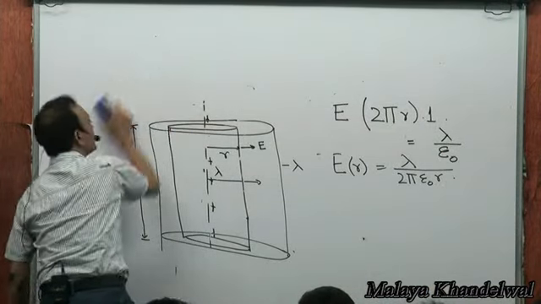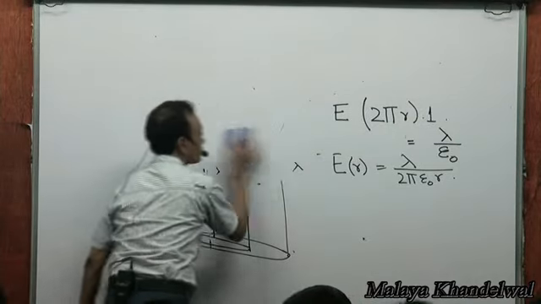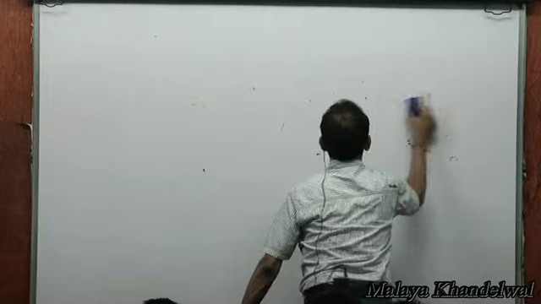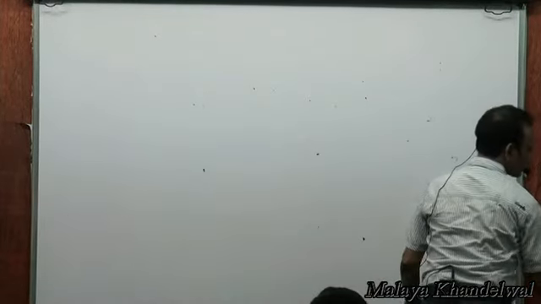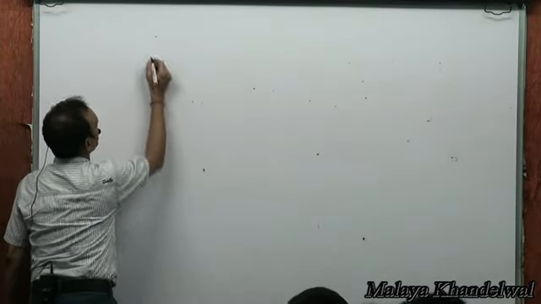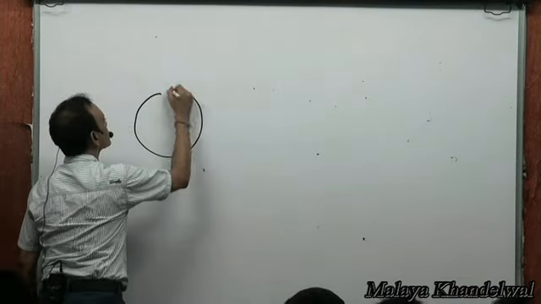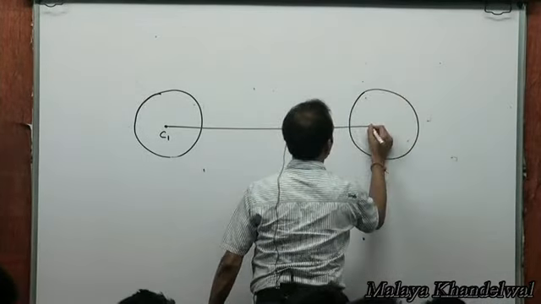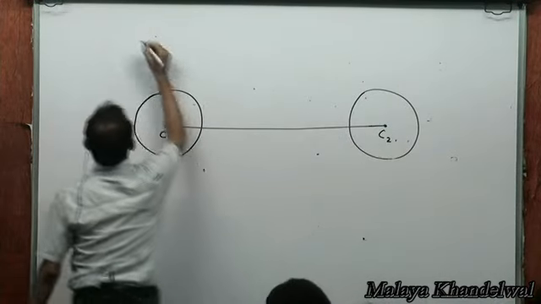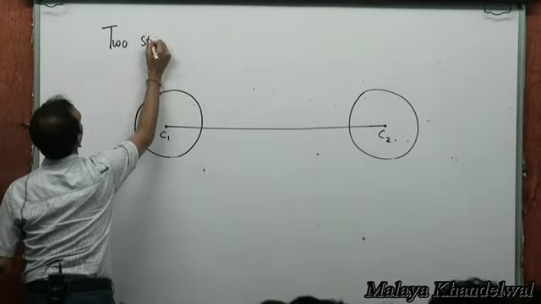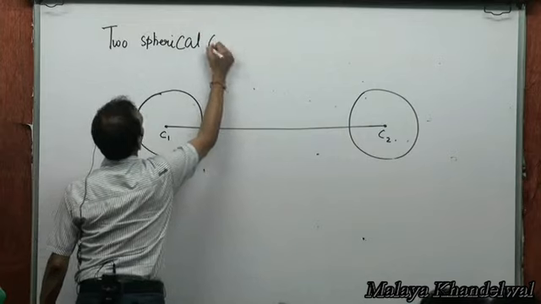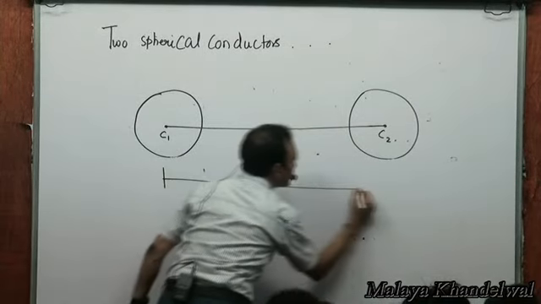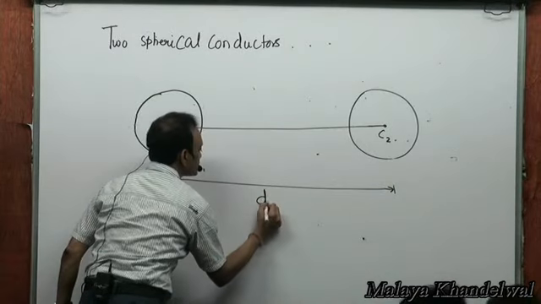Now let me look at another variation. Two spherical conductors, one with center C1, the other with center C2, and the distance between their centers is d.